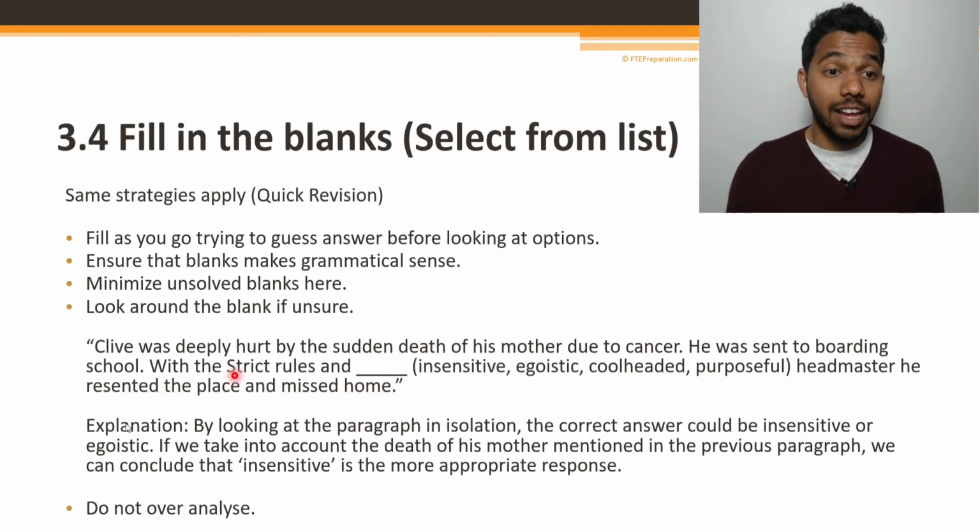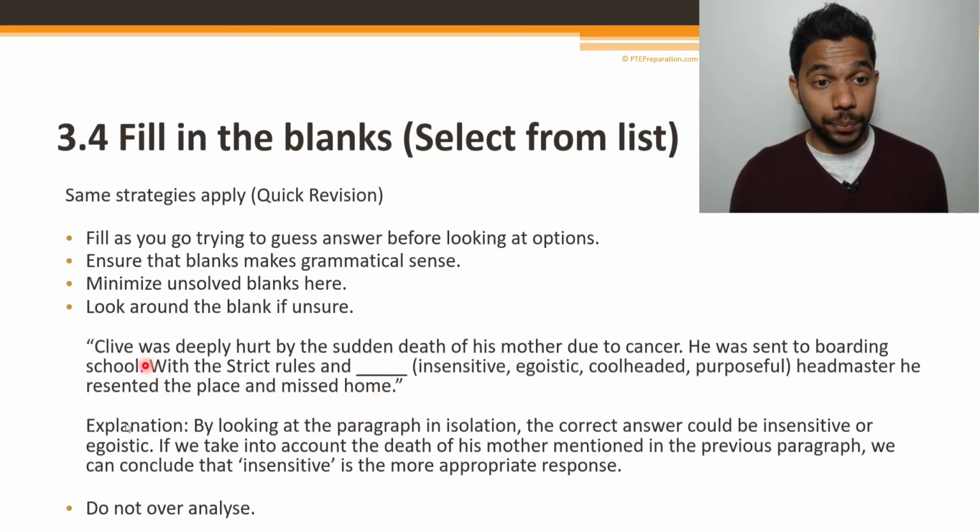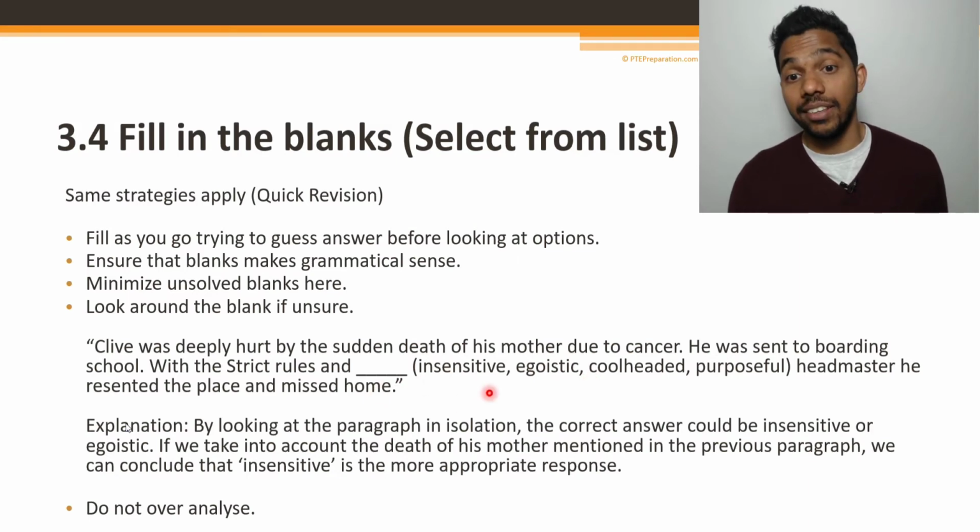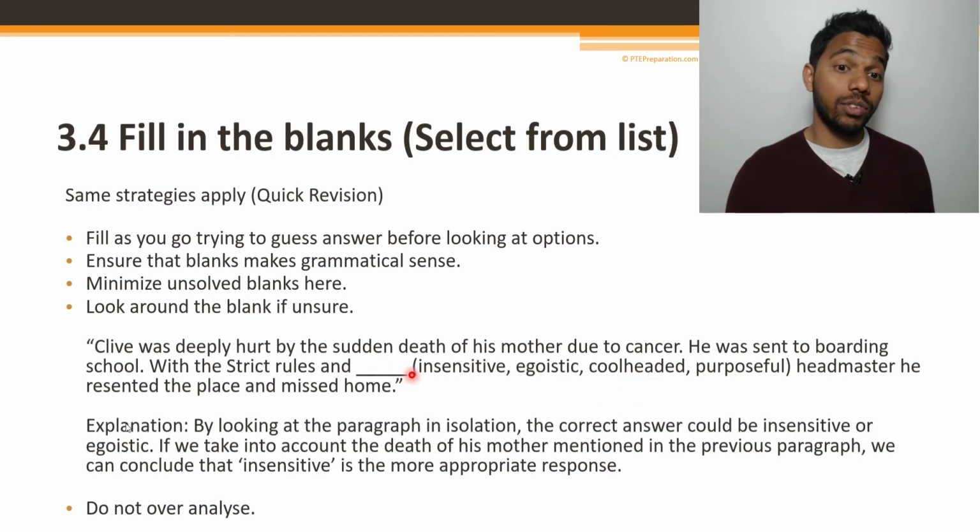Now in this particular example, if we were just to look at this particular sentence in isolation, with the strict rules and blank headmaster, he resented the place and missed home, any one of these options could make sense. It could be insensitive headmaster, it could be egoistic, it could be cool-headed, it could be purposeful. So any one of these could make sense.